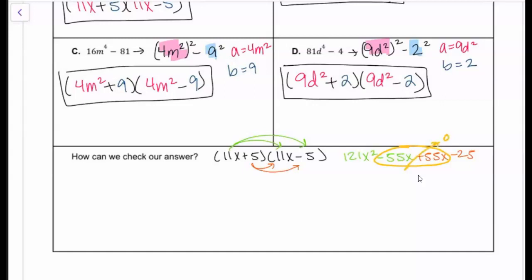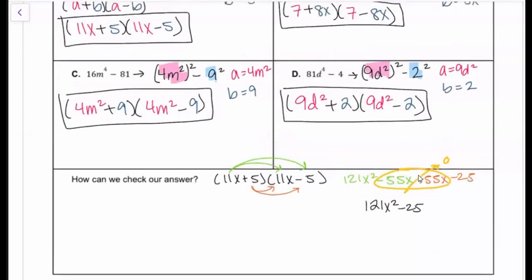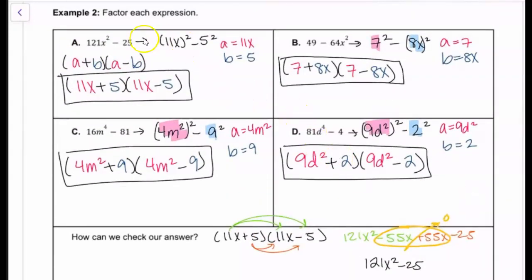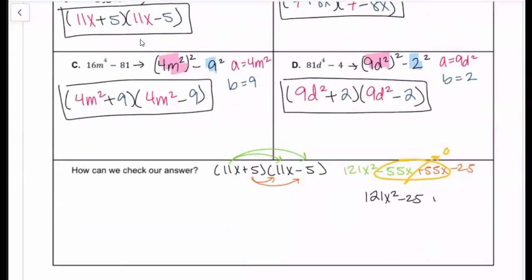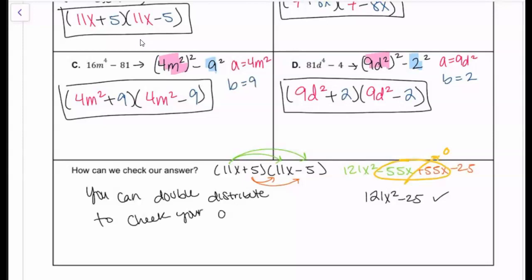So that'll leave me with 121x squared minus 25, and notice that matches my original problem. So you can double distribute to check your answer. And if it matches the original problem, you've known you've done it correctly.